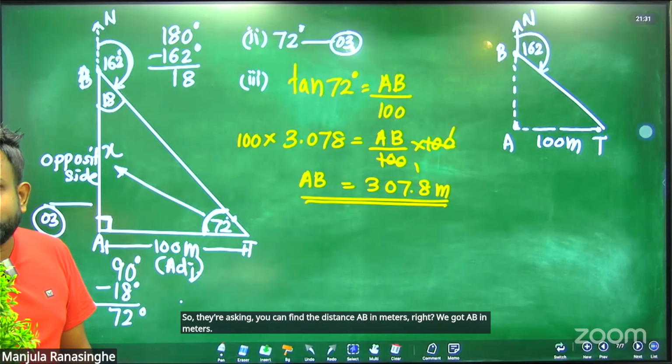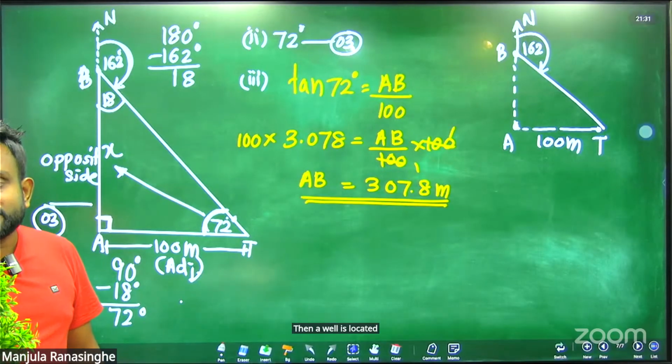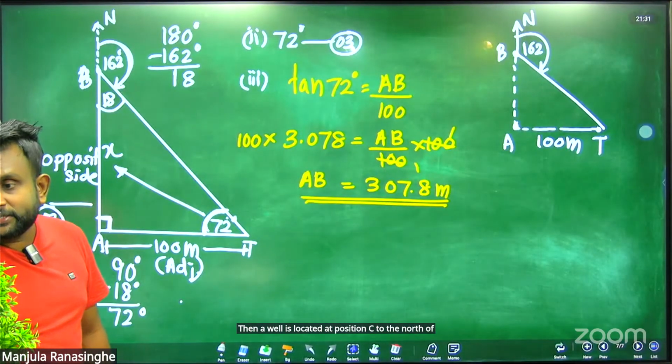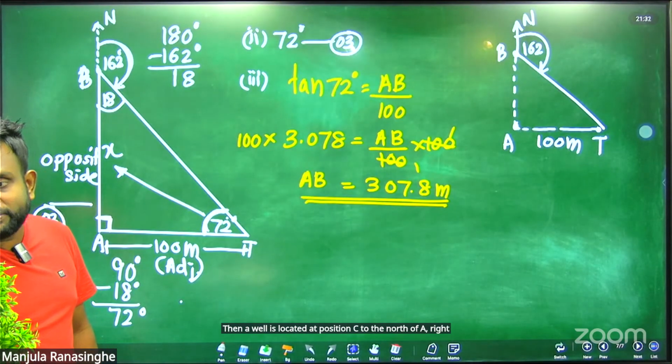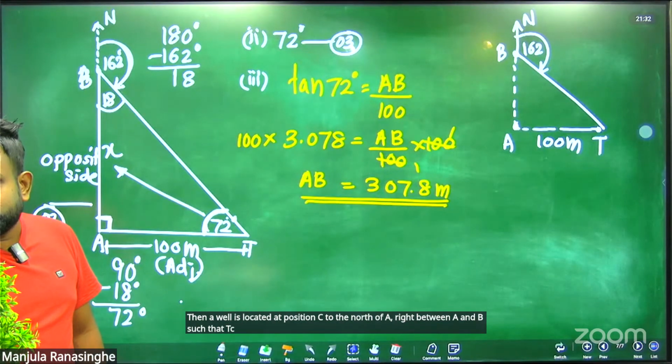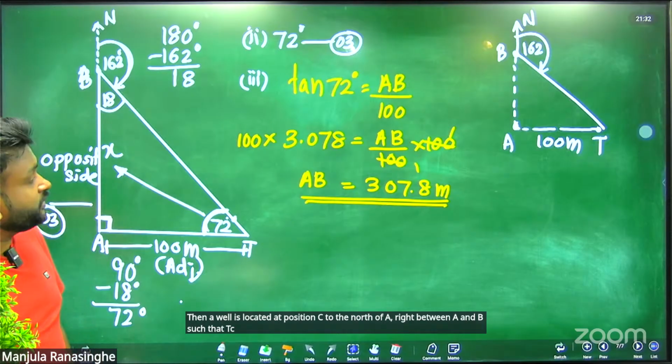Then a well is located at position C to the north of A, between A and B, such that TC equals 175.